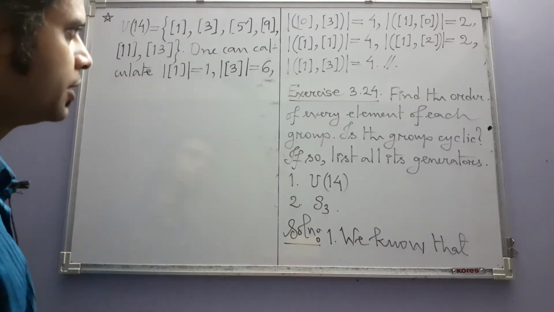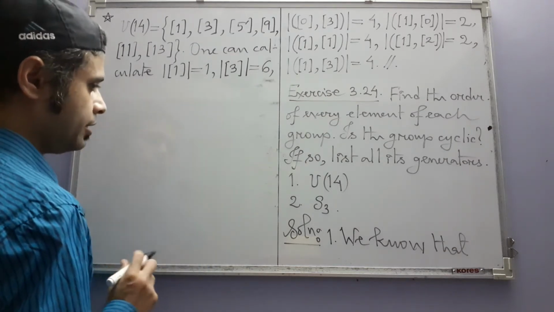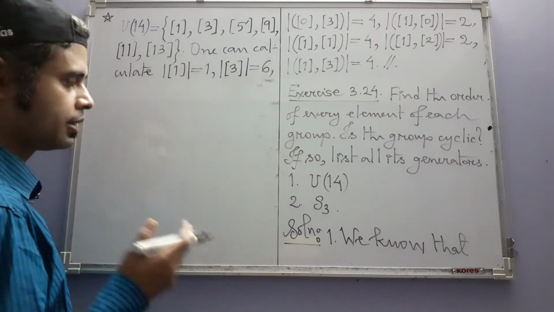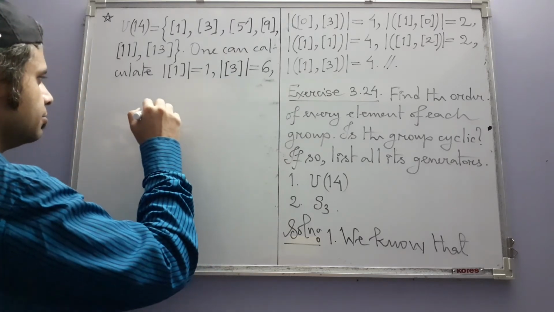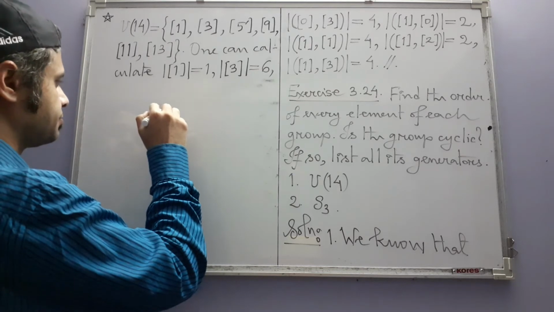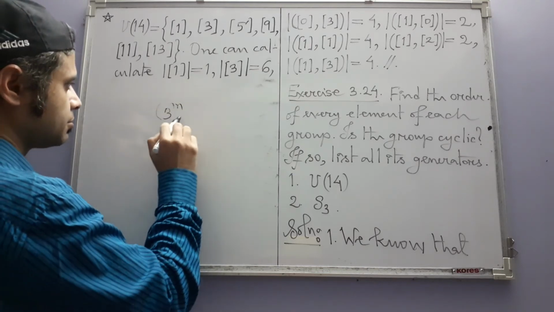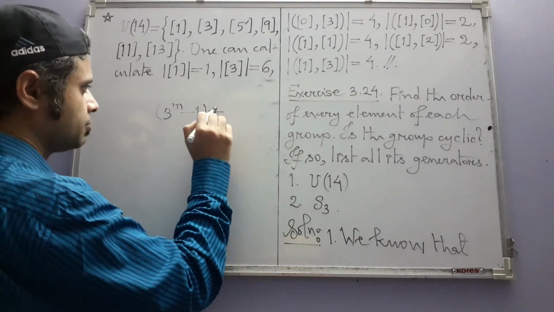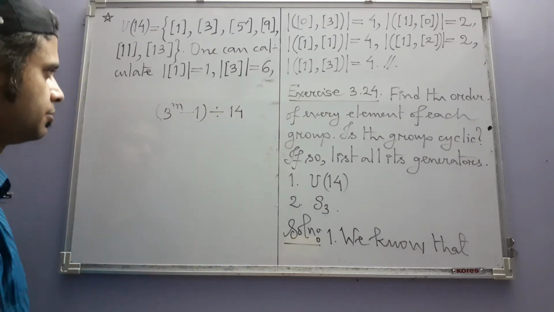If you have your Android phone itself, in the calculator application, you form a calculation like this: 3 to the power m minus 1 divided by 14.